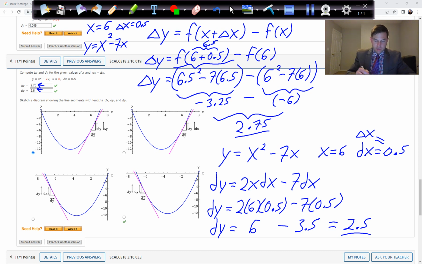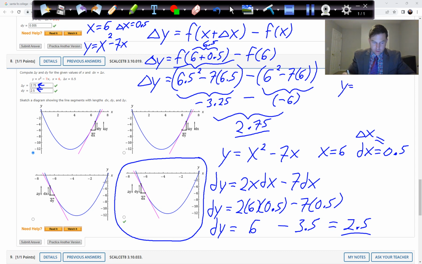Now the picture for this is this one right here. To find this, we have a parabola where the a value is 1 and the b value is minus 7. This is a, this is b.